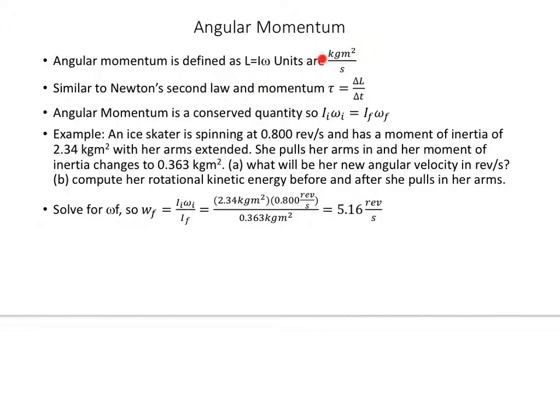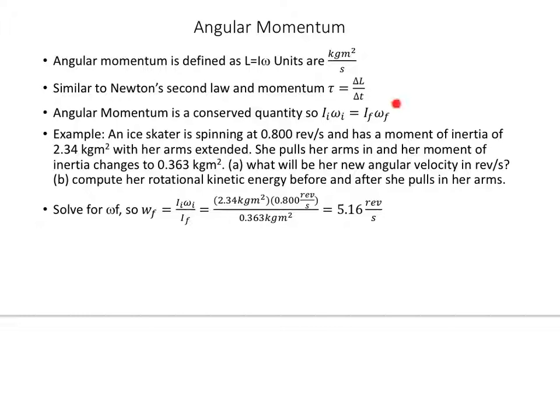The units are kilogram meters squared per second. Now, just like Newton's second law, we can define torque as the rate of change of angular momentum, delta L over delta T, and there's a couple of problems in your book that deal with this.